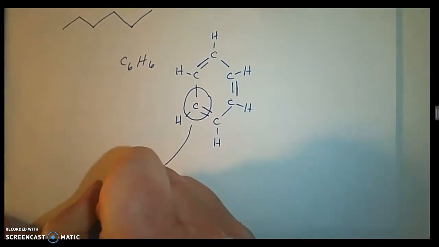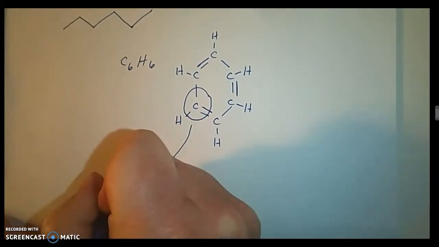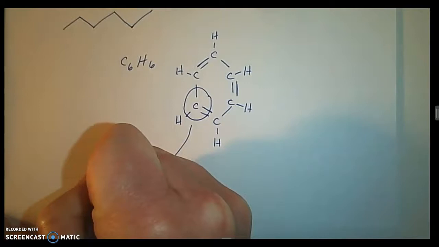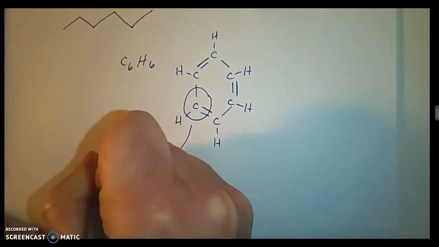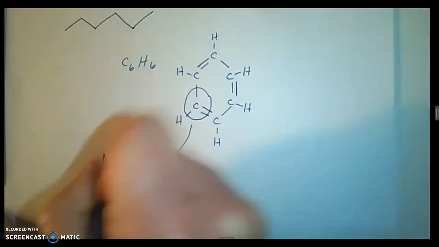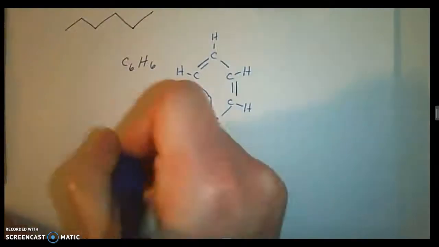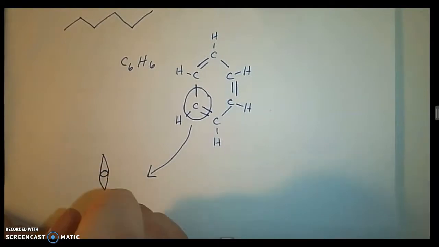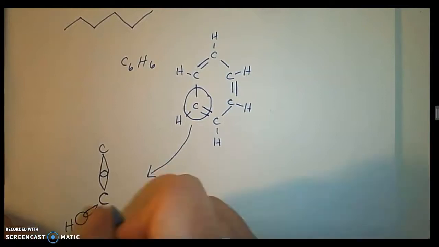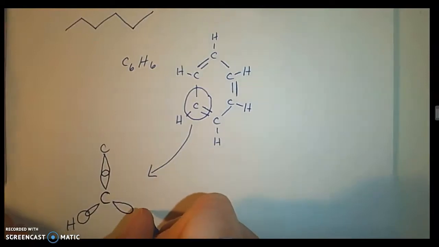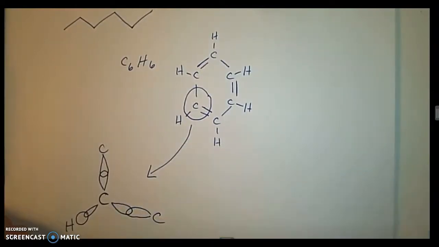And the way it works, to make these bonds, carbon has essentially 3 bond orbitals that it uses to make the single bonds. So we've got this one right here that overlaps with the other carbon, and then we've got this one right here that overlaps with the hydrogen, and then we've got one more bonding orbital that overlaps with that carbon.